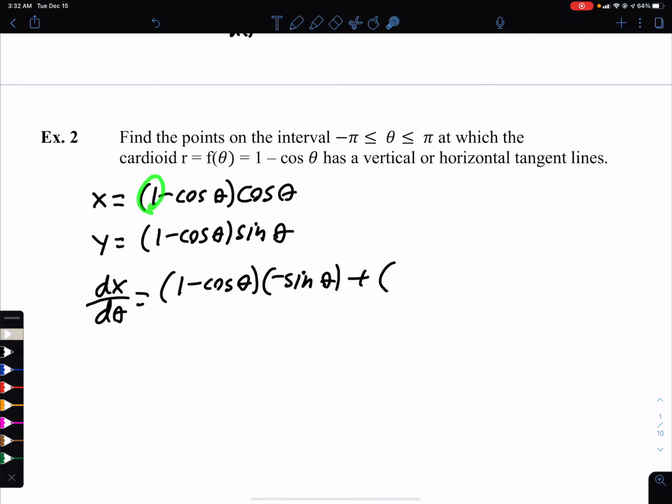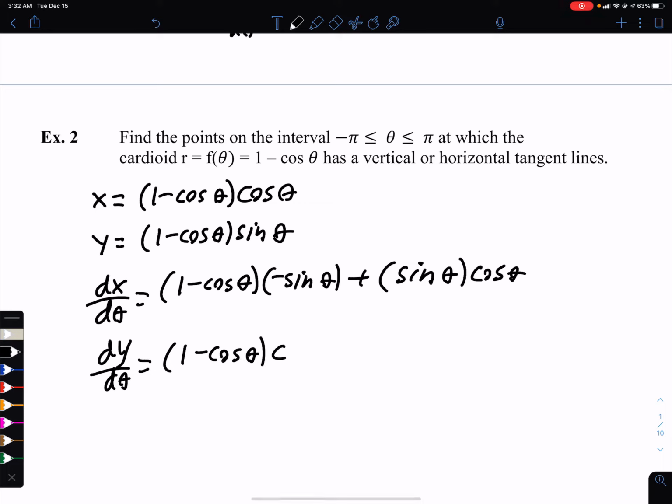Derivative of 1 is 0, derivative of cosine is minus sine, but that minus and minus becomes sine, and we're going to leave the second alone. Now we're going to find the derivative of y, so we're going to leave the first alone and take the derivative of the second, and we're going to take the derivative of the first and leave the second alone.